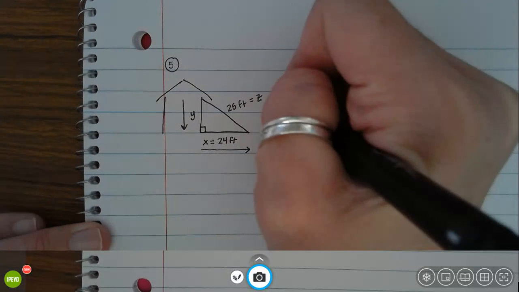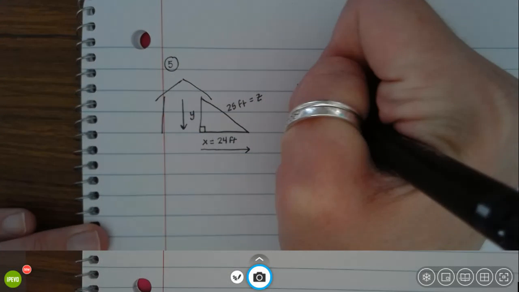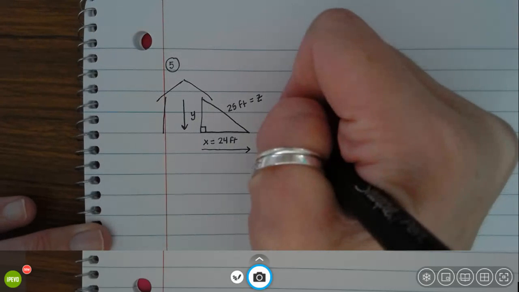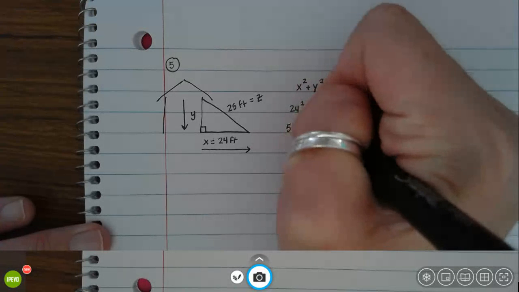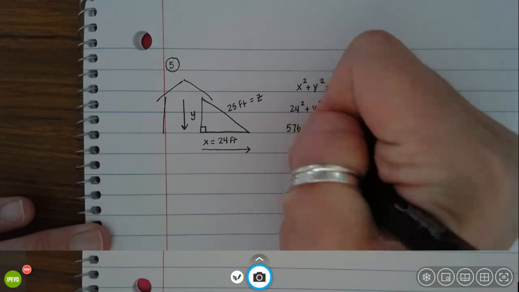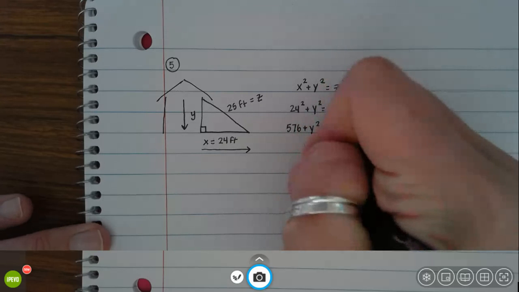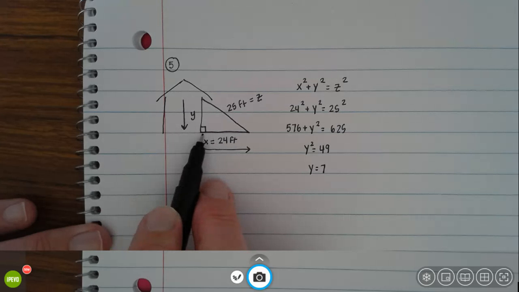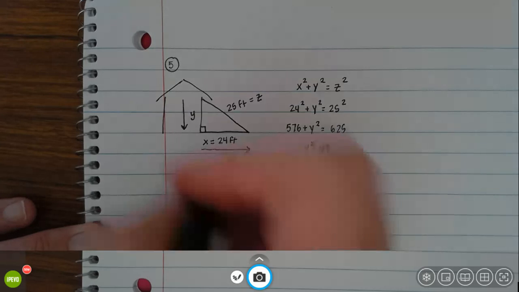So our 24 squared plus y squared is going to be equal to 25 squared. That'll give us 576 plus y squared equals 625, which gives us y squared equal to 49, which tells us that our vertical distance at the moment that the horizontal distance is 24 feet is going to be 7 feet.